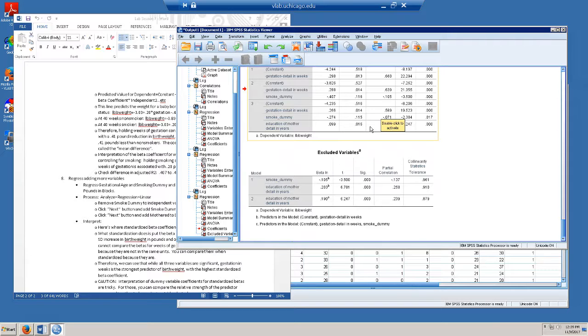It's basically answering two different questions. You put a dummy variable in there to answer the question of what is the difference between these two groups. And you look at standardized coefficients to answer the question, what is the effect size or predictive power of these different variables?